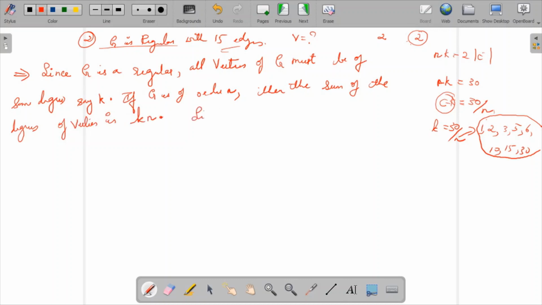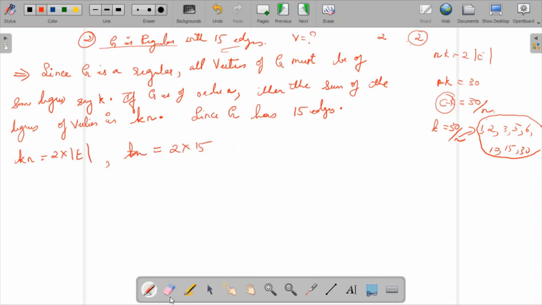Since G has 15 edges, then by the handshaking property, kn is equal to twice the number of edges. So kn is equal to 2 into 15.